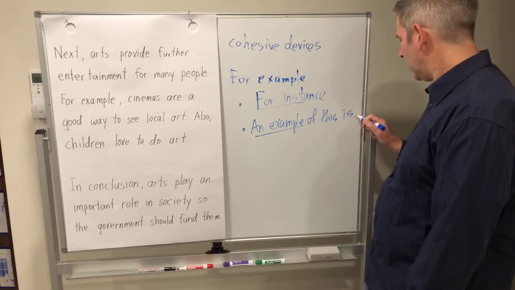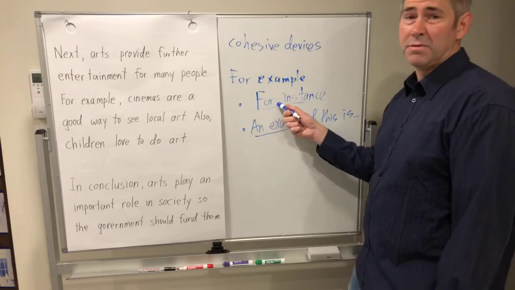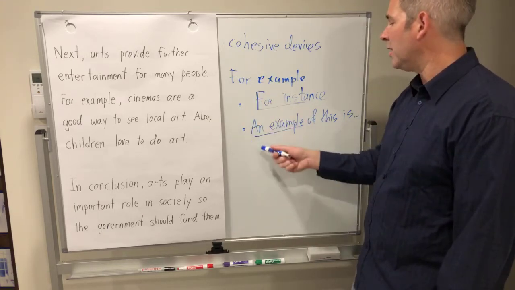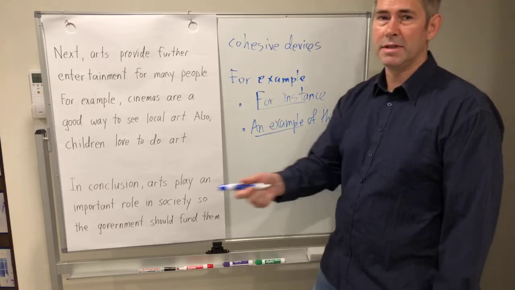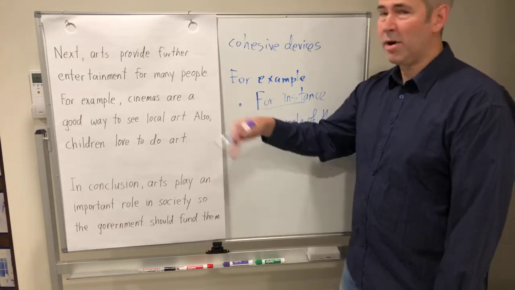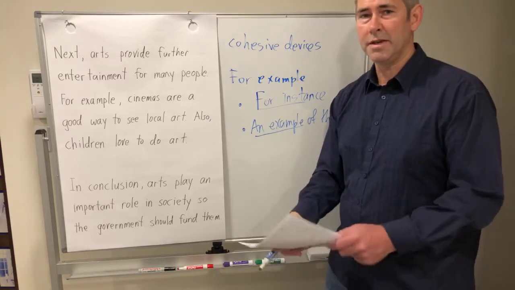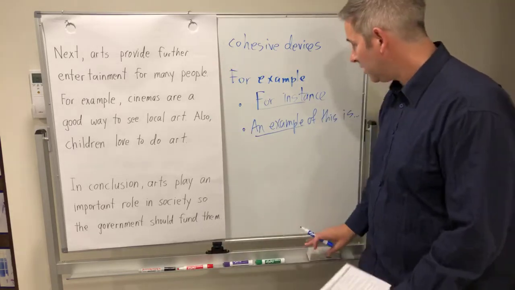So I would say go for this one first, but if you just want to express this in a different way, you could say an example of this is, right? But anyway, it's really good to see that the student is using cohesive devices in his writing.